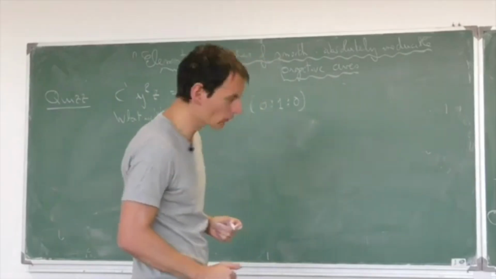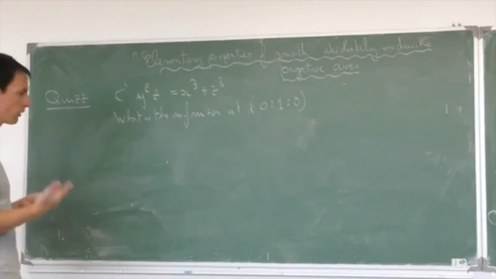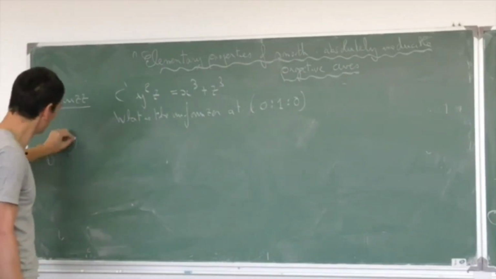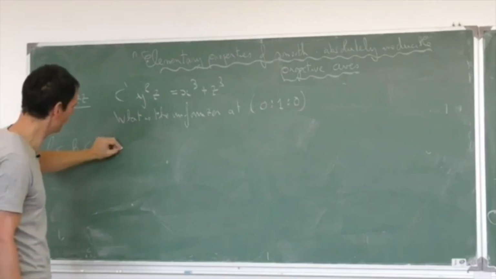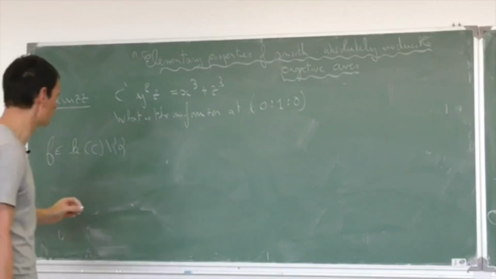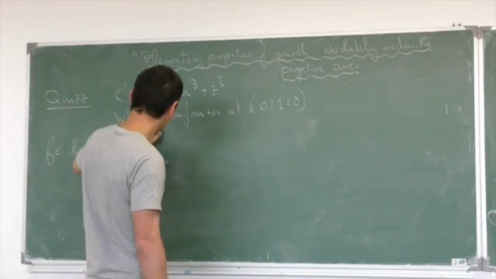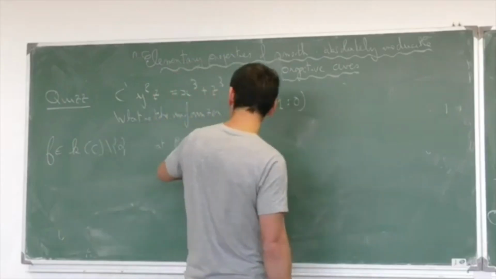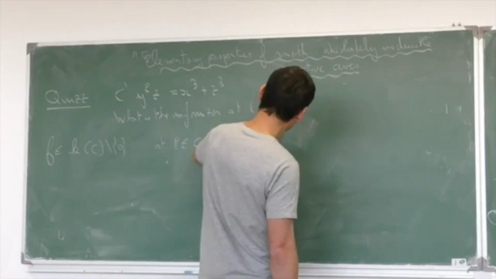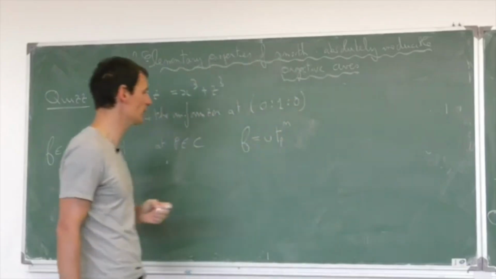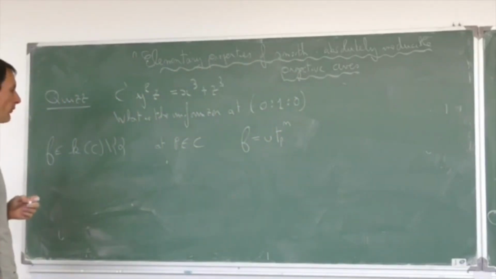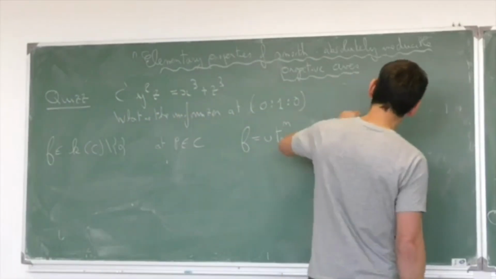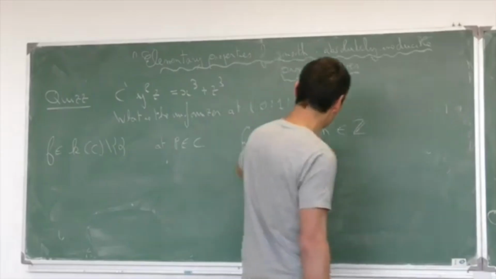Okay, so let's come back to the more general situation. What we have is that any function on my curve which is not 0, at a point P which is on C and which is smooth, I can write my function f as u times TP to the n, where TP is the uniformizer, n is an element in Z, and u is invertible.